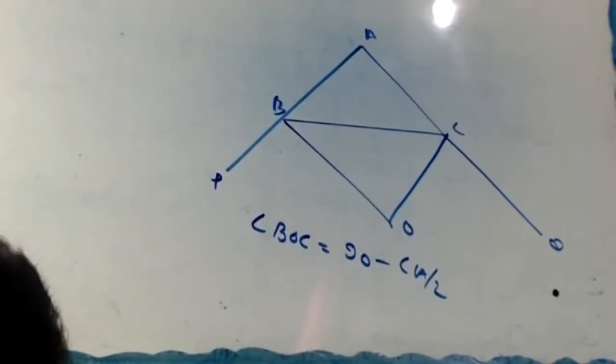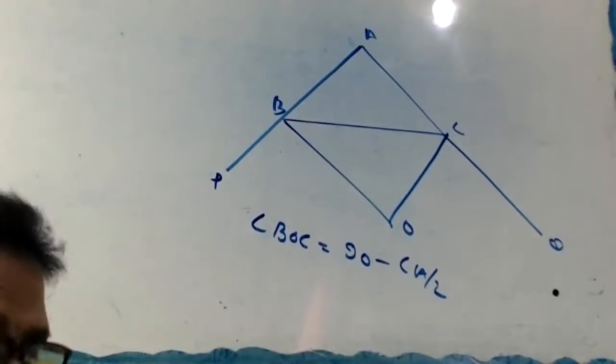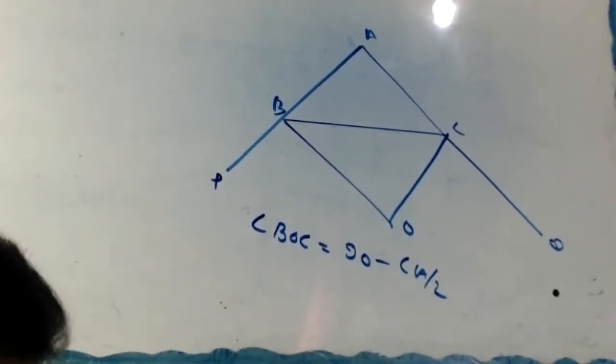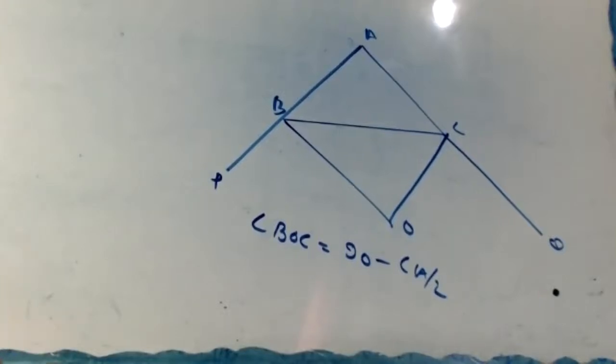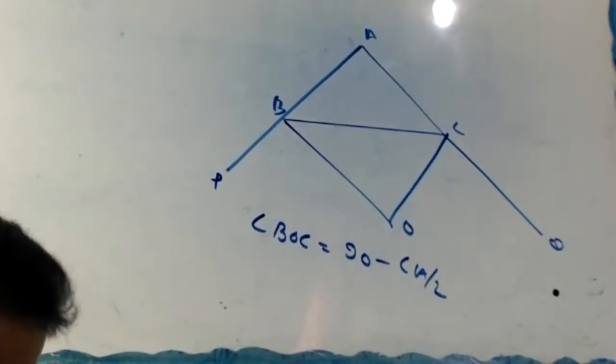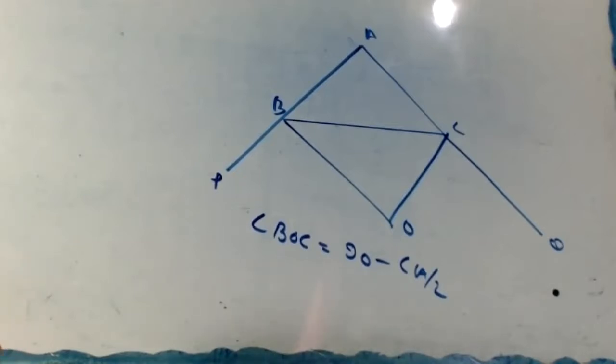If the bisectors of angle PBC and QCB intersect at O, prove that angle BOC equals 90 minus angle A by 2.